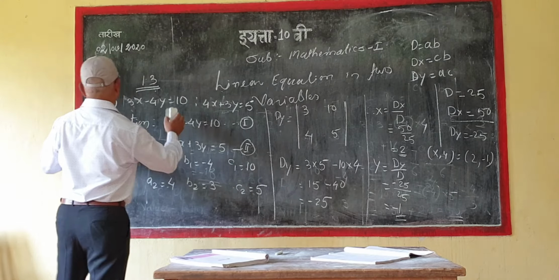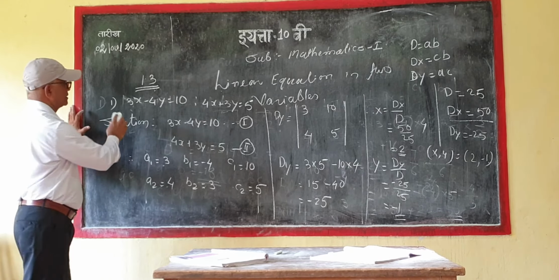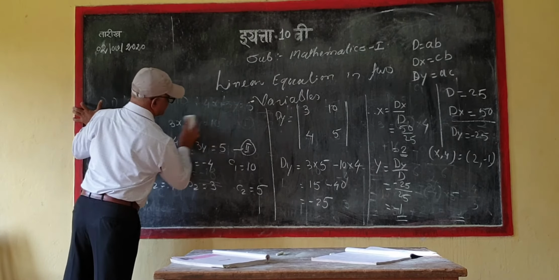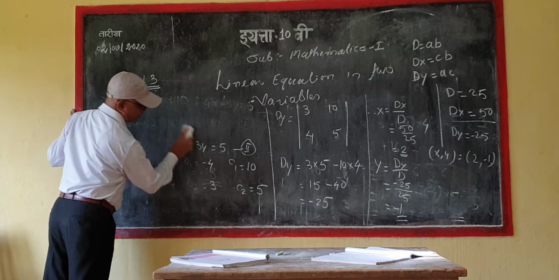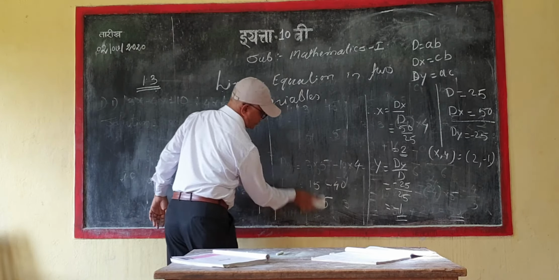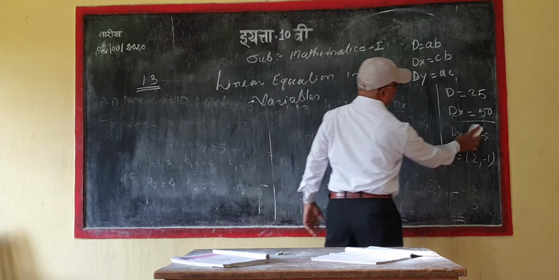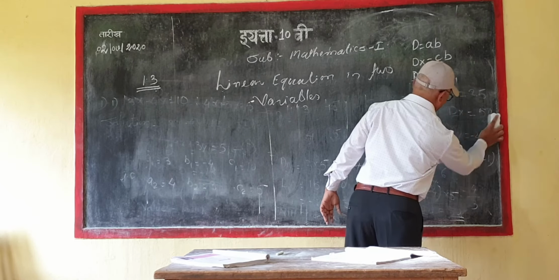Another example, we can see another example, second one. I think we can understand the first example of solving simultaneous equations by determinants, Cramer's rule.